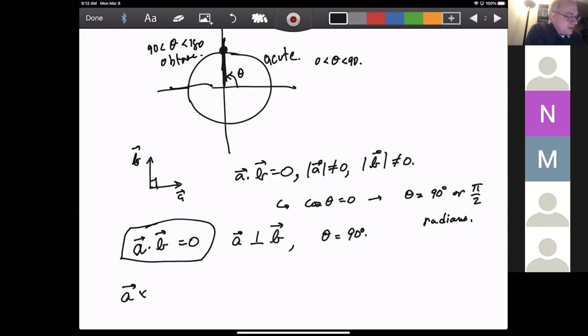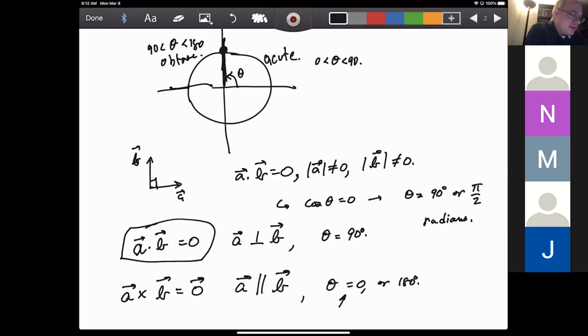And when A cross B is equal to the 0 vector, that means the vectors A and B are parallel to each other. So the angle could be 0 or 180°. 0 would mean that they point in exactly the same direction. 180° would mean they point in exactly opposite directions. Okay, good. Any further questions there?